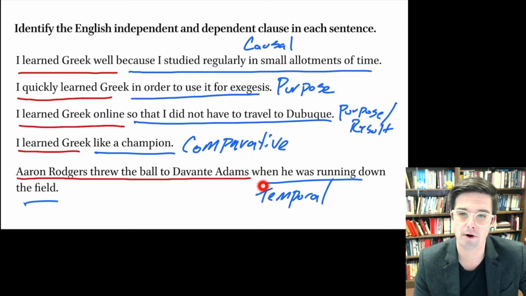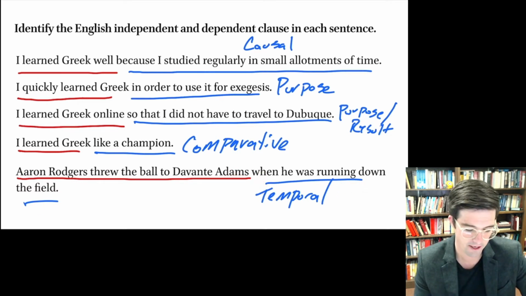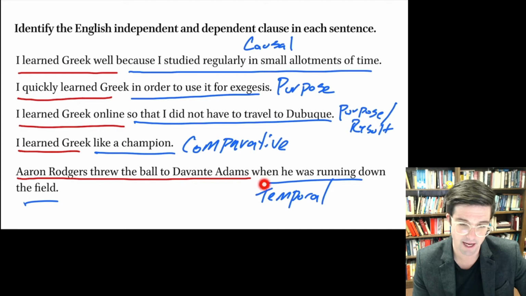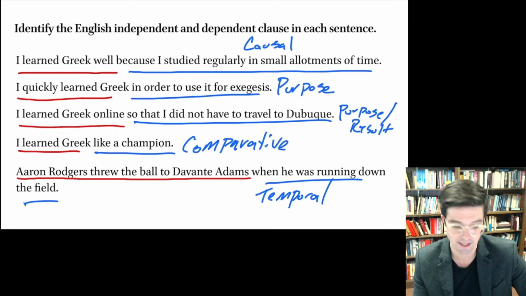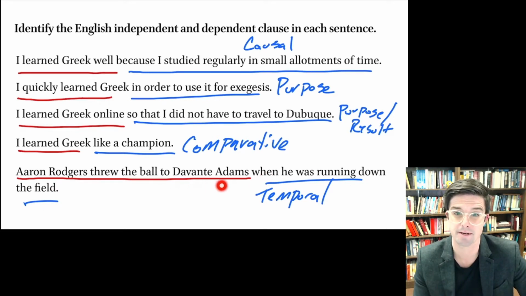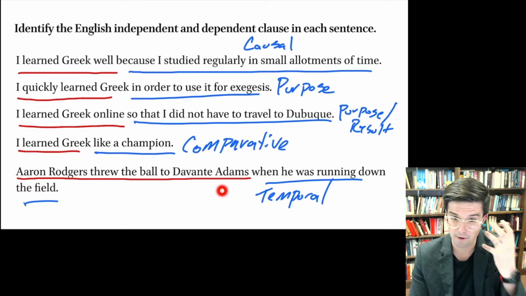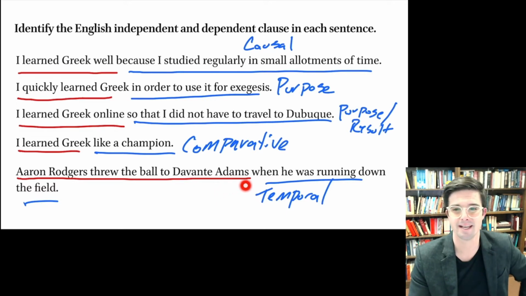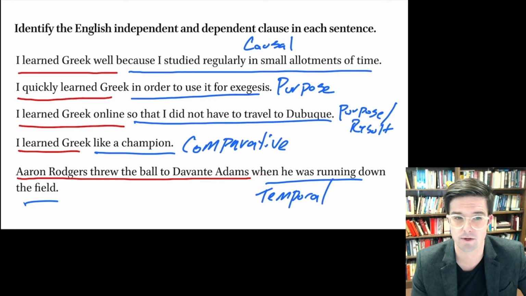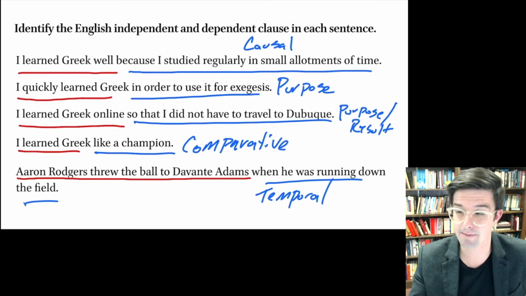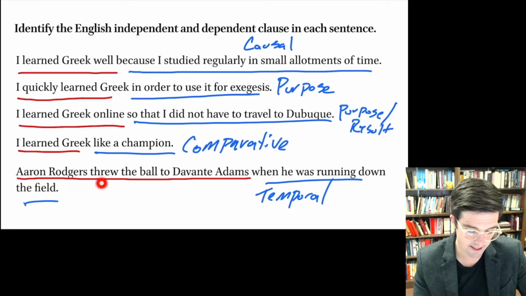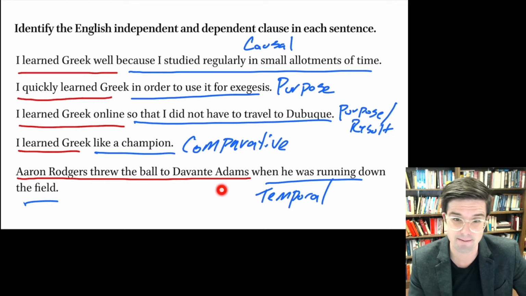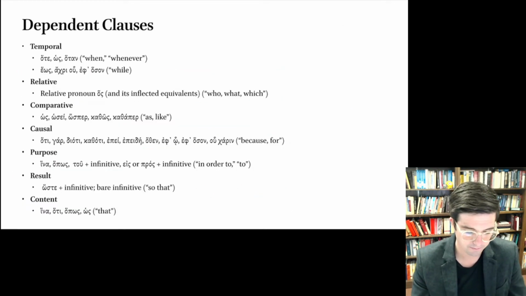And this temporal clause, "when he was running down the field," tells us more about probably Davante Adams running down the field and not Aaron Rodgers running down the field, because our temporal clauses in English normally go with the subject or the person closest to them in a sentence. So for this information, "when he was running down the field," we need something else to finish the meaning there. It's a dependent clause that's dependent on this independent clause right here.